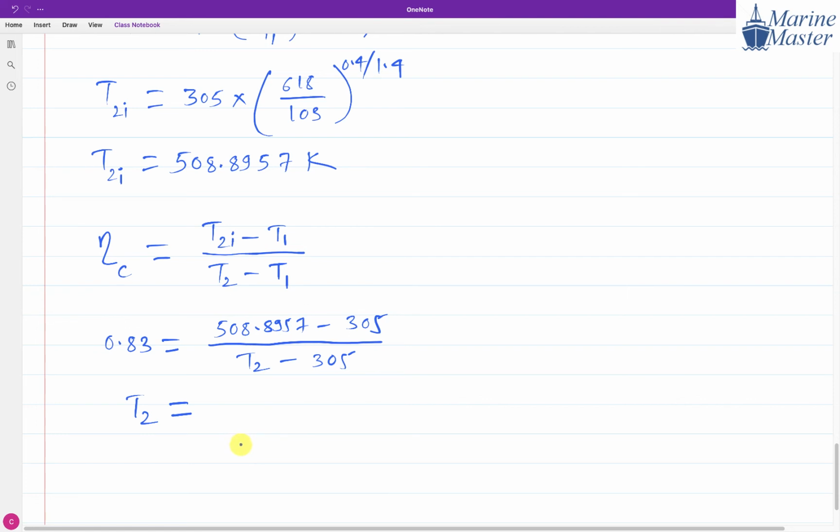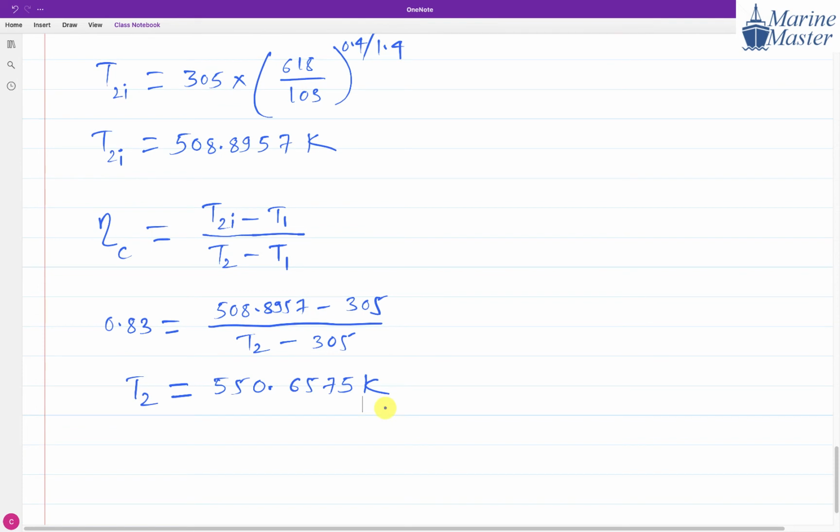After solving this relation, the value of T2 will be 550.6575 Kelvin. So we got the value of T2. Before going further, please write down this discussion up to T2.